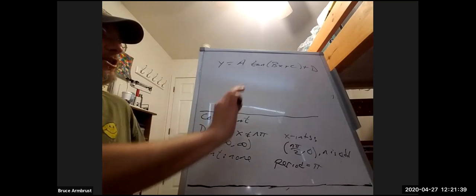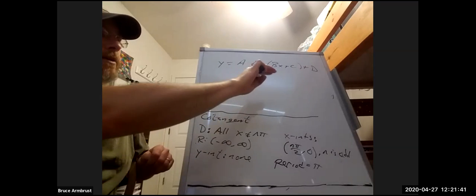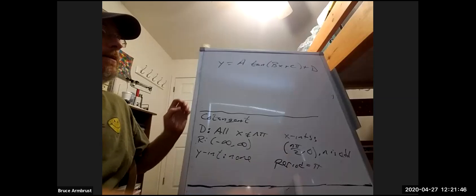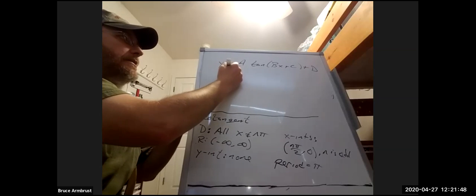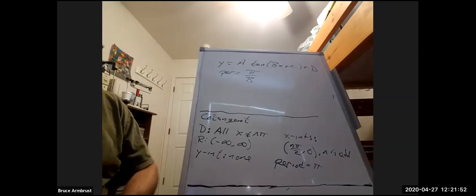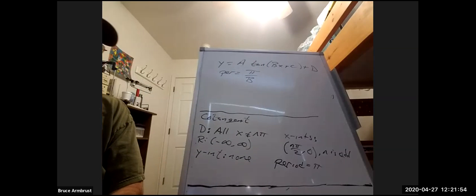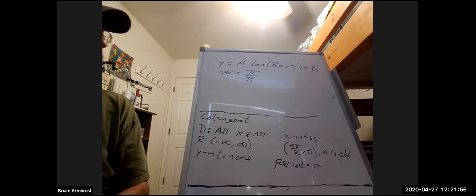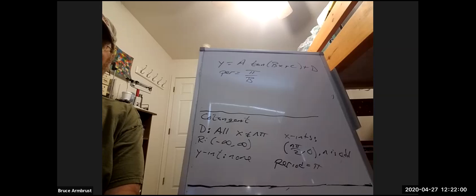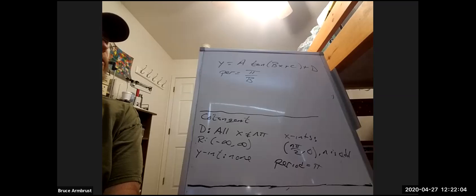It's that place where we're changing from going up curved down to going up curved up. But the big difference here is that the period is going to be pi over b, not 2 pi over b, because its period was pi to start with. So that's really the only difference if we throw in transformations with tangent and cotangent.